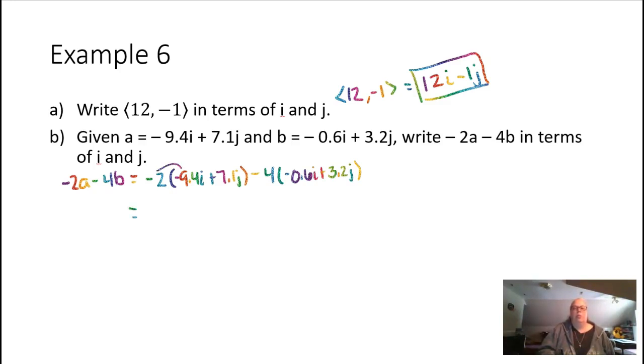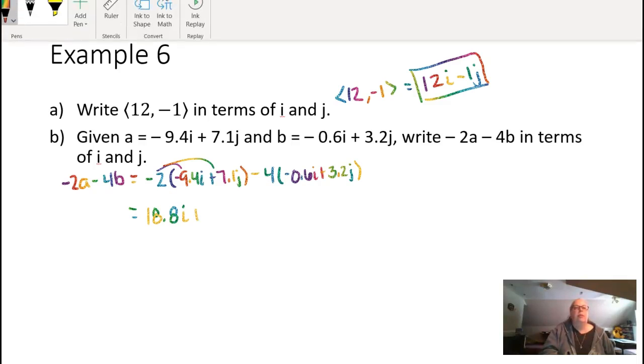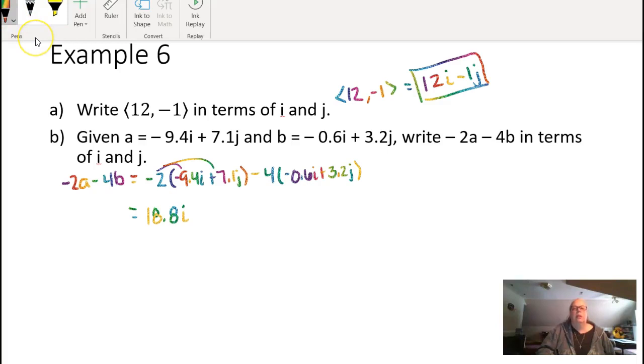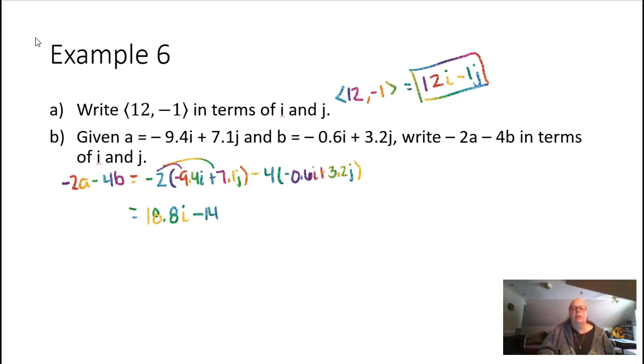Now let's distribute into the parentheses here. Let's see, 2 times 4 is 8, 2 times 9 is 18. So we have 18.8i. That should be minus, because we have negative 2 times a positive 7, so it's going to be minus 14.2j.